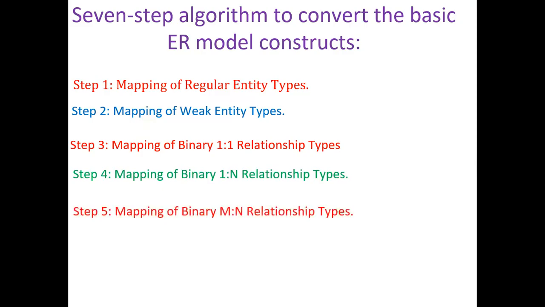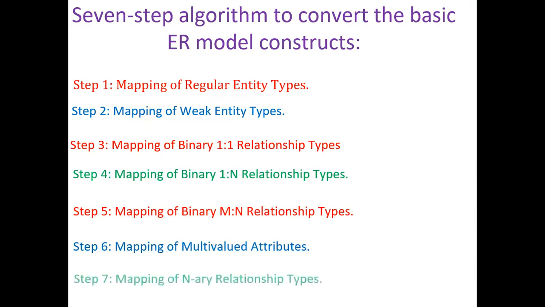Then mapping of M:N relationships. Next we need to map multi-valued attributes. Then finally mapping of N-ary relationship types. By following these 7 mappings, we can convert ER to relational diagram.